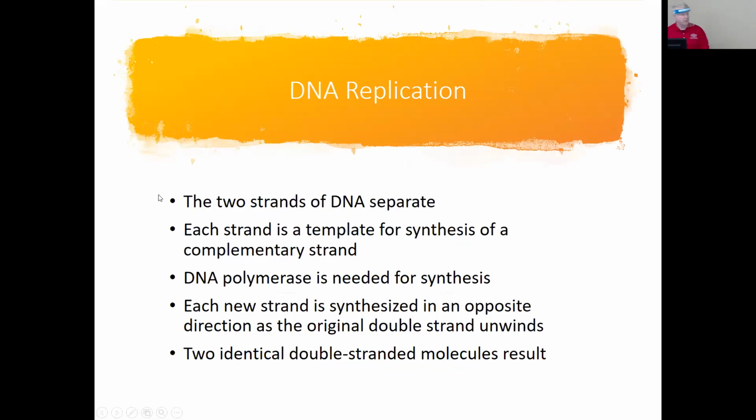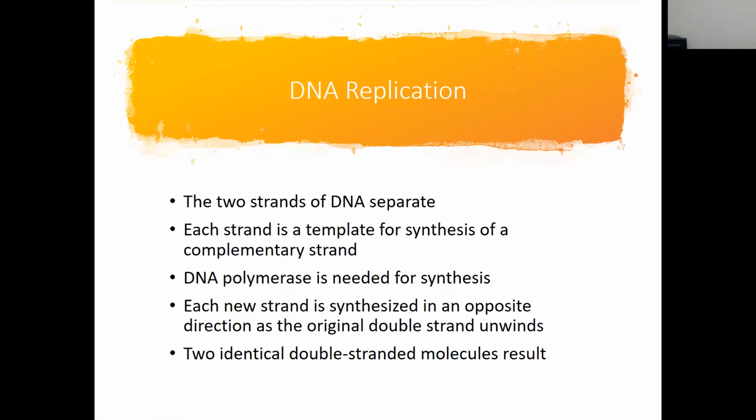So how does DNA replicate? The two strands of DNA will separate. Okay, so that double helix opens up. It doesn't disintegrate, okay, because it's going to be like a zipper, it unzips itself. And we've got something that does that, and you're going to need DNA polymerase to do that, okay.